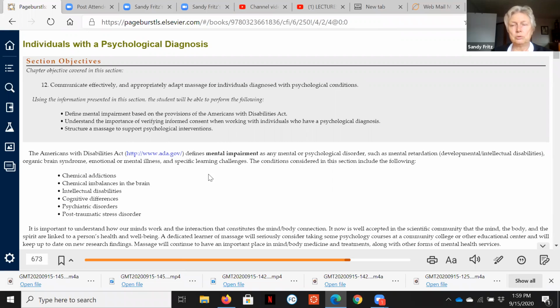So we're going to stop this video here and come back and look at this area. If there is a psychological process going on, these are not physically seen. It's not like a physical disability that is observable. So this takes a little bit of internal reflection as well, and a learning curve.